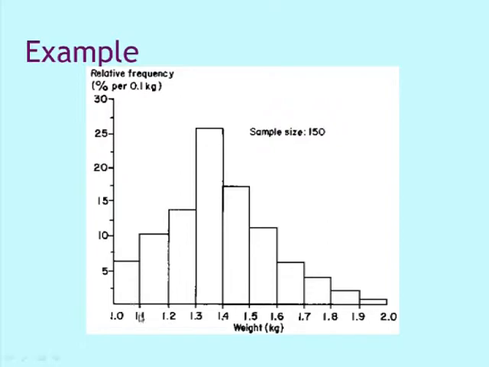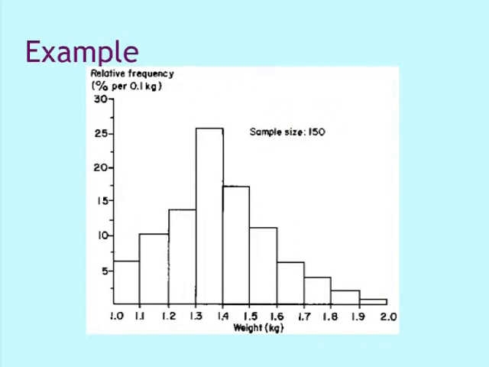The entry of 1.1 will be in the category labeled 1.1 to 1.2. Anything less than 1.1 will enter the category 1.0 to 1.1, and that is why we have a histogram which depicts this continuous data with no gap between the rectangles.